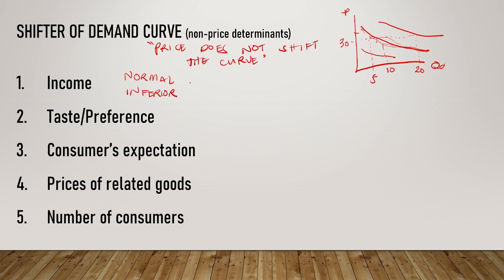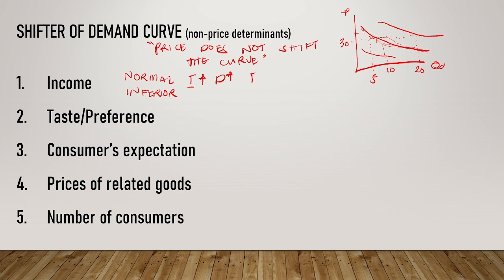If the good is a normal good and our income increases, our demand for that product will also increase. For example, if your salary increases, your demand for spam will also increase because your income is higher.